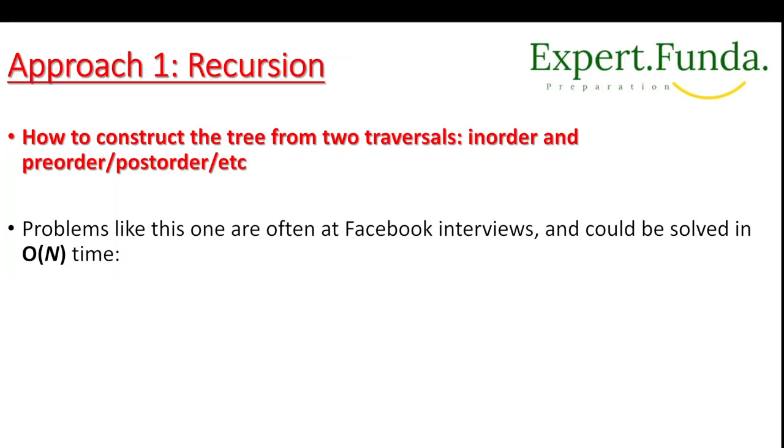So the question is saying how to construct the tree from two traversals: in-order, pre-order, post-order, or anything we have been given, right? Either we have been given in-order, or pre-order or post-order, etc., like BFS. If any two of the traversals are given, how do you construct the tree?